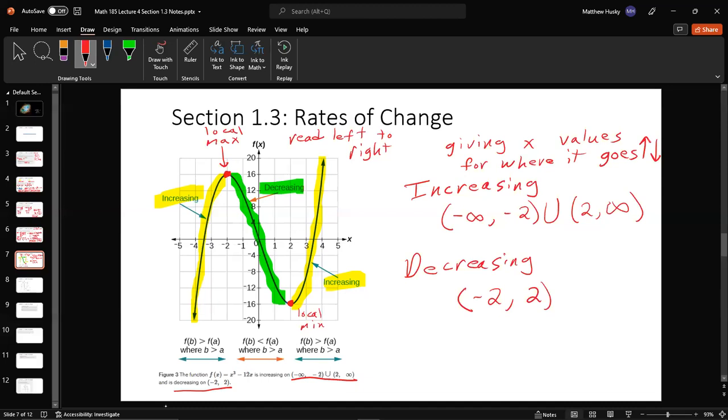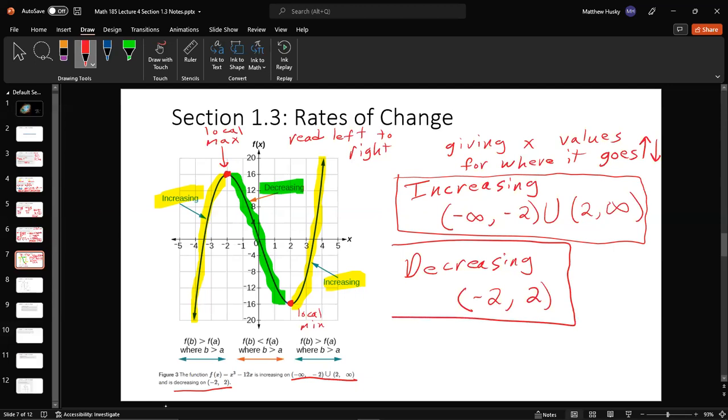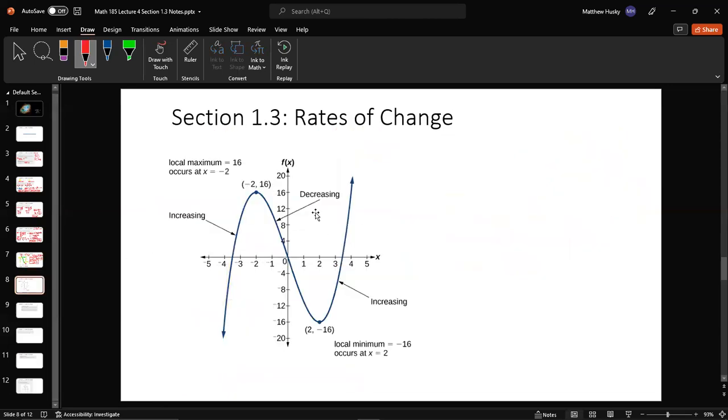So that's what you would do for increasing and decreasing: you give an interval of x values to describe which parts of the graph are going up, and which parts of the graph are going down. So like here, this is kind of the same picture.